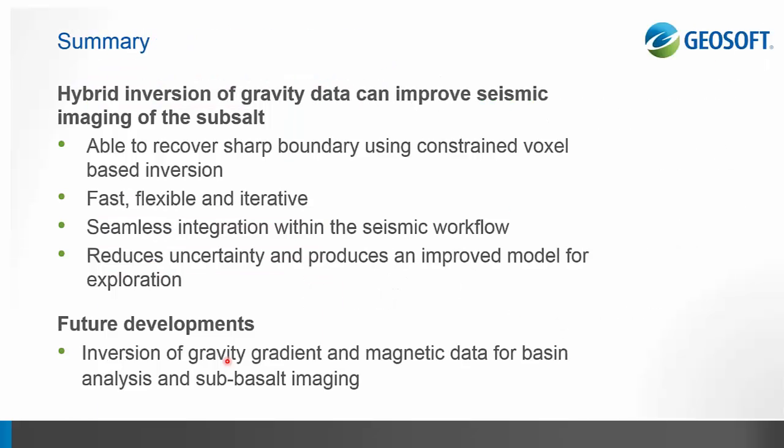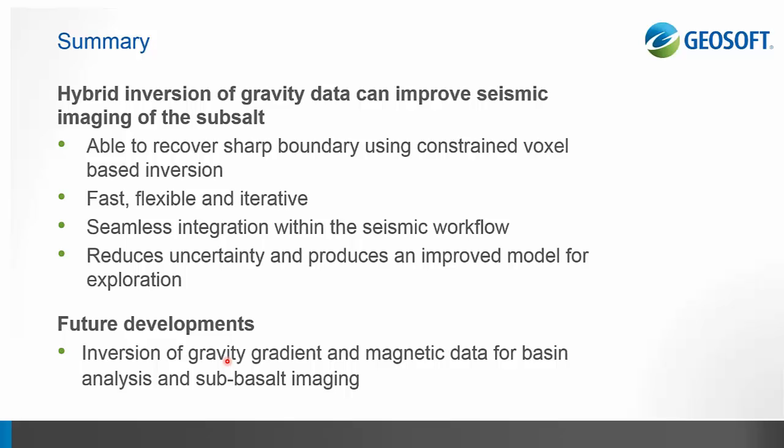Okay, I'm coming to the end of the presentation. I hope I've convinced you that hybrid gravity inversion can improve seismic imaging in the subsalt. Using a hybrid inversion approach, which uses layered earth modeling to efficiently model layered structures, combined with a constrained voxel-based inversion, we were able to recover a sharp boundary defining the base of salt.